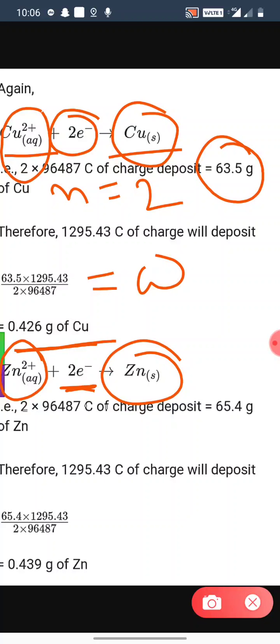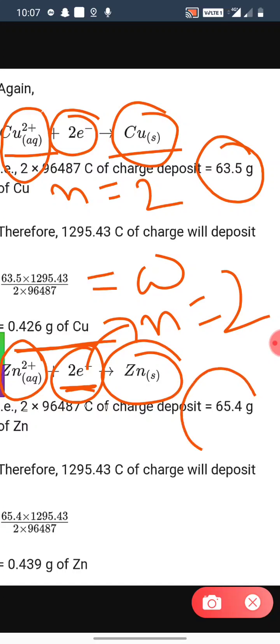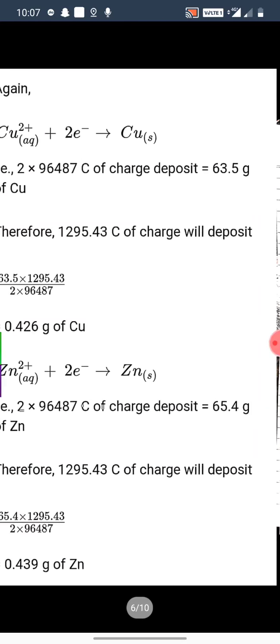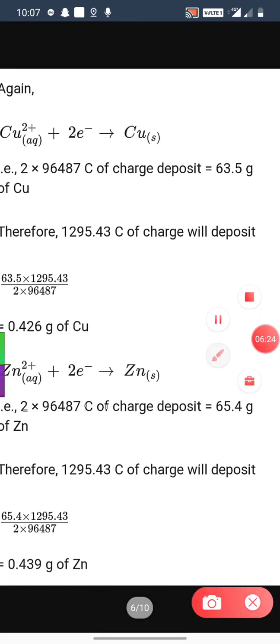In this case, 2 moles of electrons are involved, so N is again 2, and the atomic mass of zinc is 65.4 gram. Substituting in the same formula, you will get 0.439 gram of zinc.